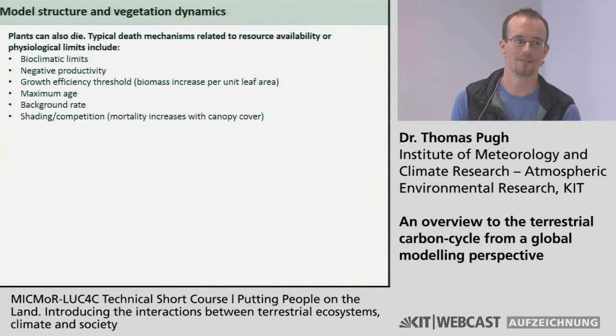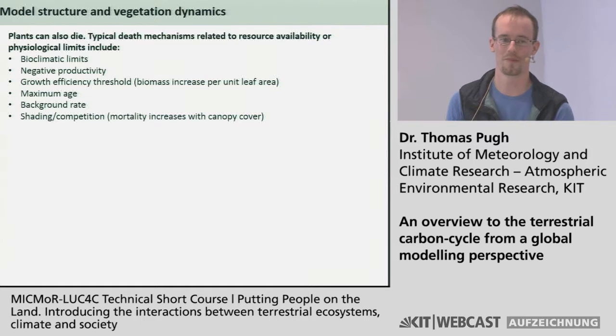Plants also die, of course. It's not just a case of taking in carbon and respiring it, but eventually they die and that carbon is returned to the soil and eventually, in most cases, the atmosphere. And there's a variety of different ways that we represent these death mechanisms in models. So we might use bioclimatic limits.